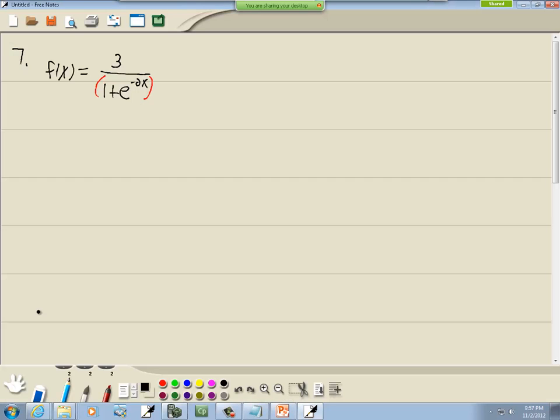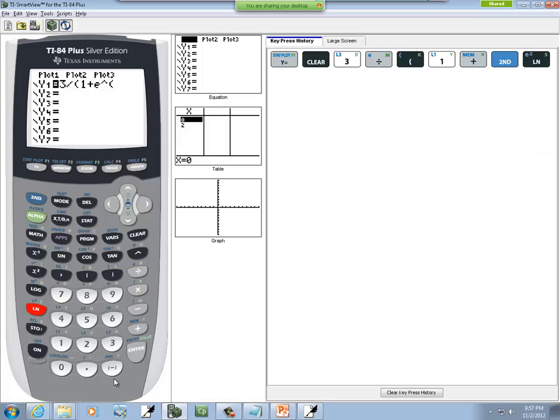Now it puts the caret and the beginning parentheses. We're going to now put negative 2x. Now I'm going to put a closing parenthesis on the power and a closing parenthesis on the denominator, although the TI-83, TI-84 does not require any closing parentheses at the very end. And then we'll press graph.